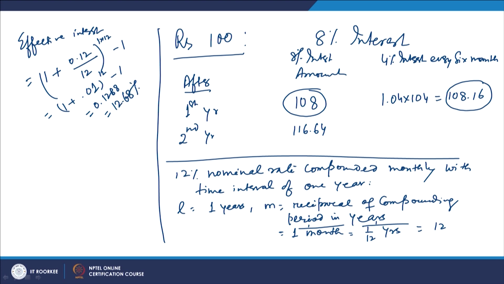That is 12.68%. So, you should not get confused with this way of presenting interest. In this case, the interest of 12% compounded monthly means every month end you will have the compounding. So, if you have 100 rupees, 1% will be compounded.